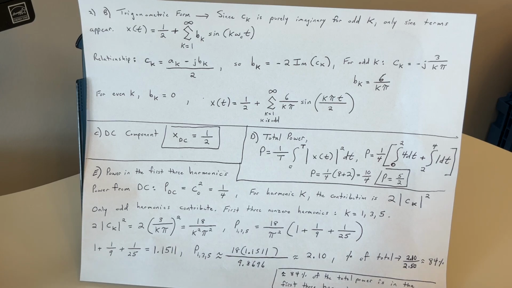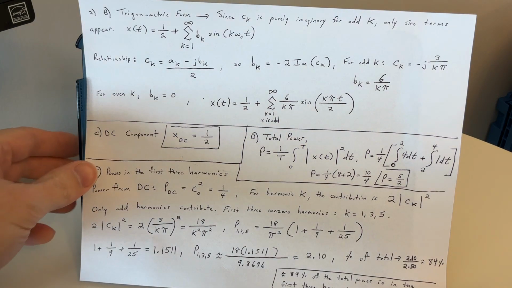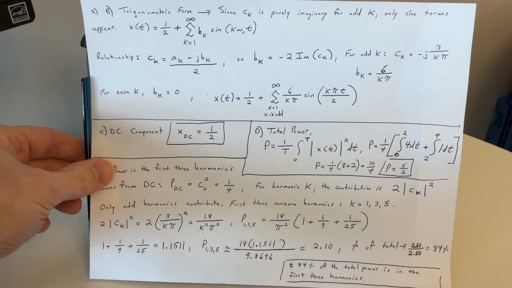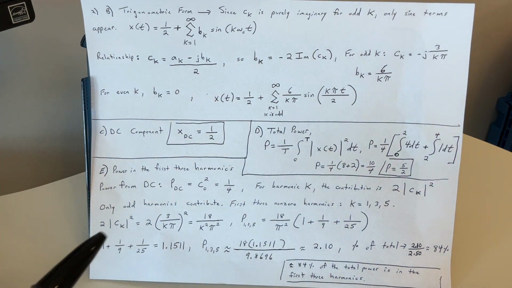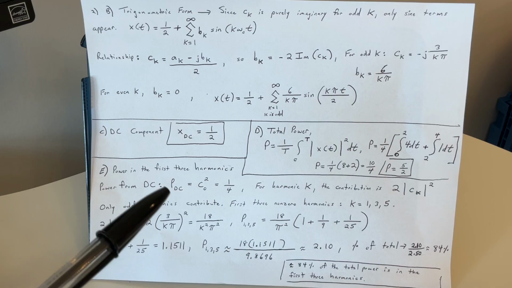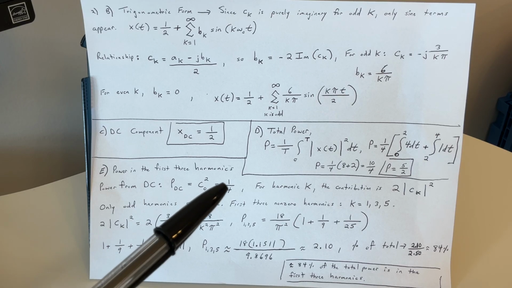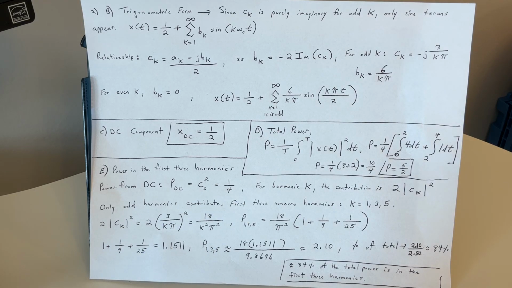And for part E, estimate the percentage of power in the first three harmonics. So the power from DC, P sub DC, equals c naught squared equals 1/4. For harmonic k, the contribution is 2 times the magnitude of c sub k squared.